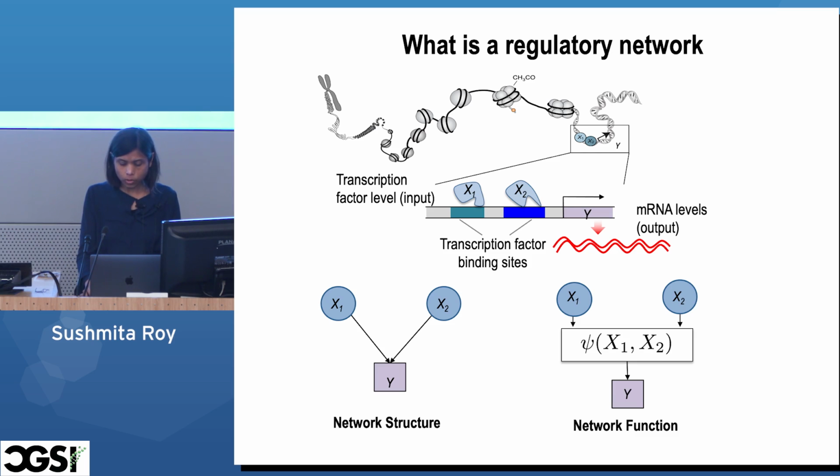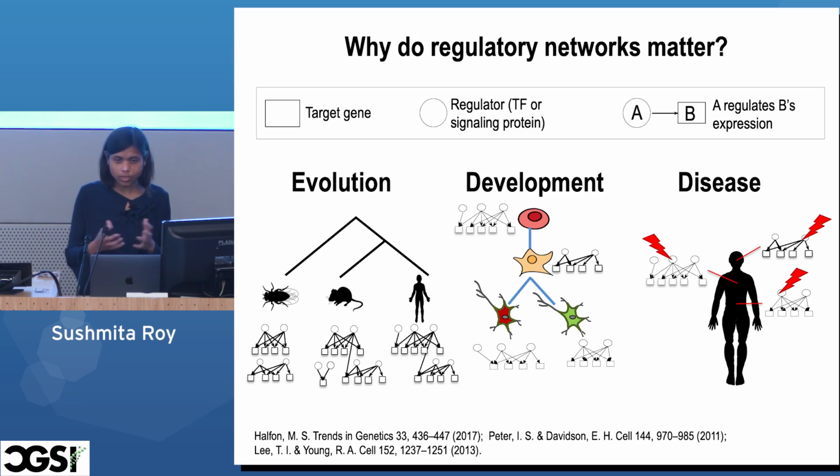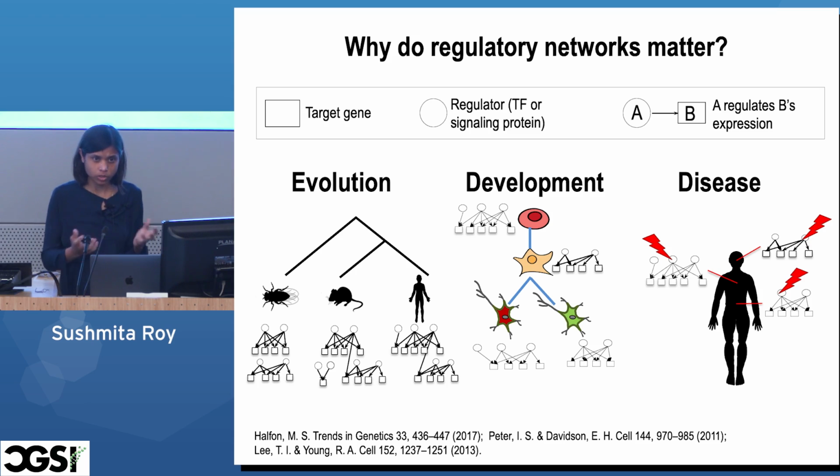So that's the what, and we depict these regulatory networks as directed graphs. Why should we care about regulatory networks? Again, I don't think I have to tell this to this audience, but they are everywhere. They are important for a large number of processes. For example, across evolution, we know changes in gene regulation affect the morphological complexity of species.